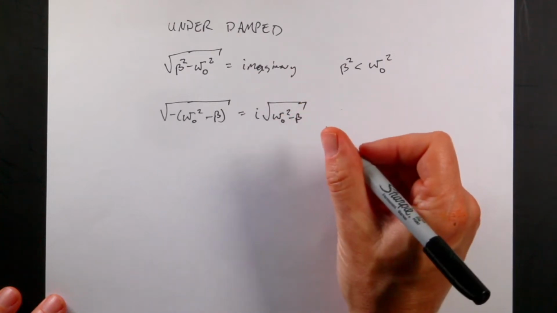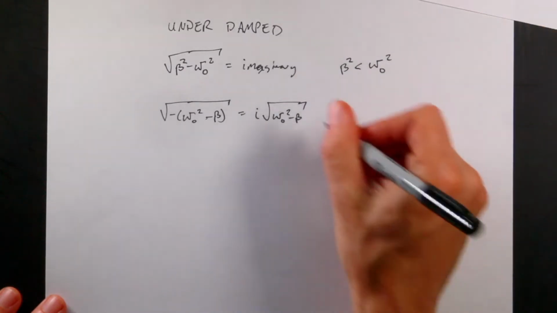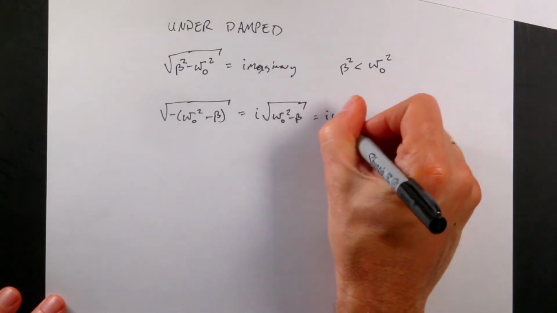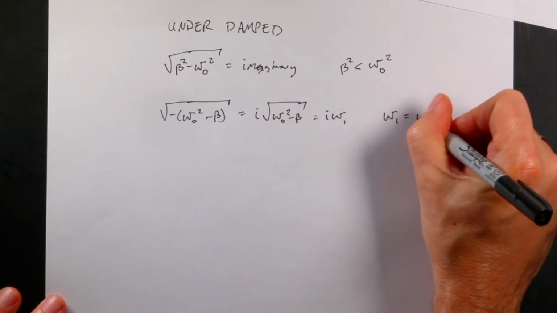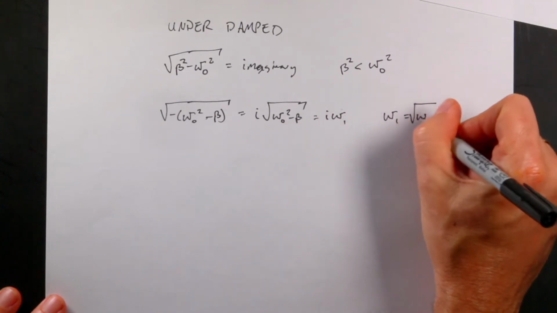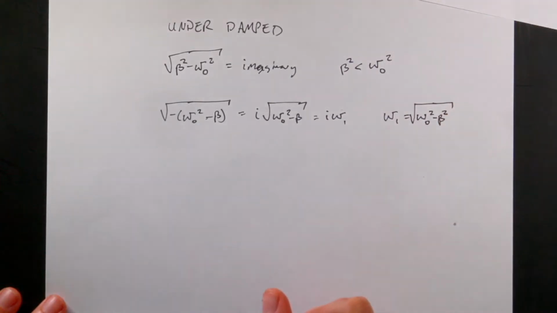And then we can call this i omega 1. So omega 1 would be the square root of omega naught squared minus beta squared. So it's just a frequency.